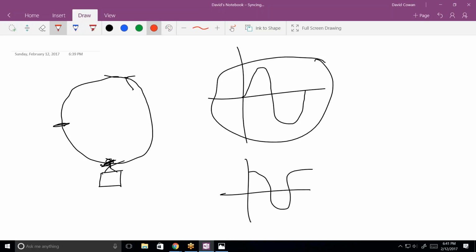Well, that's a negative cosine curve. Because I'm getting on at the lowest point, and I'm immediately going to the highest point. And I'm going back to the lowest point.